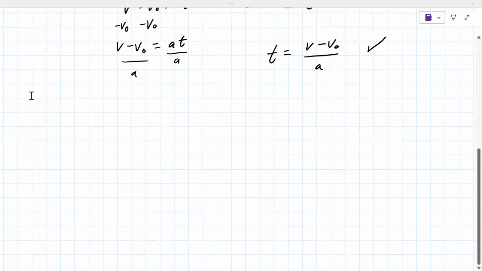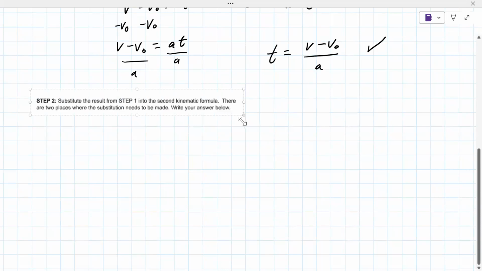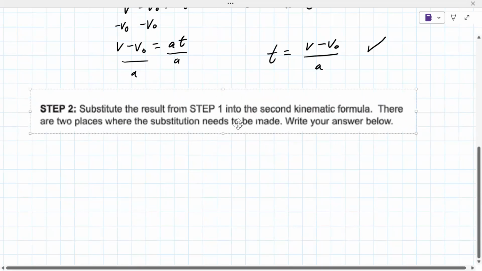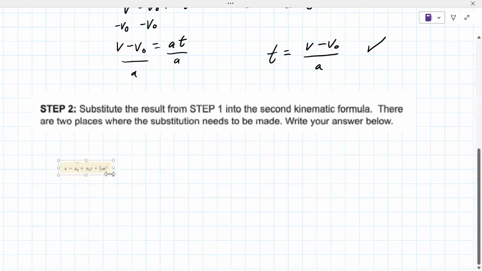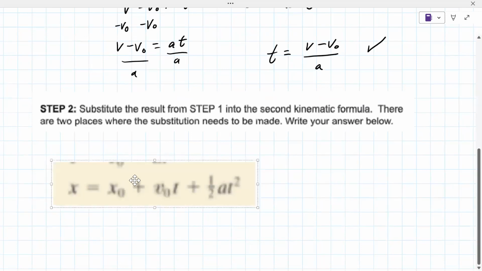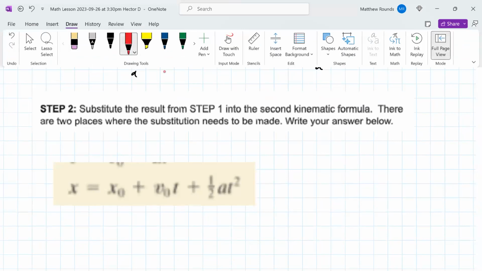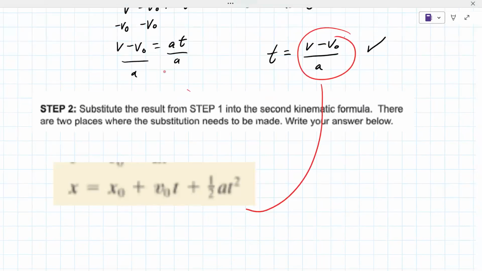All right, step two. Step two shouldn't be much of a surprise. It says use the first two equations. It says take the result from step one and use it in the second equation. So it's always good to refresh yourself: what is the second equation? This is usually the first one they give you. This is position as a function of time. And notice that you're going to take the t that you just found and plug it in from there and from there.